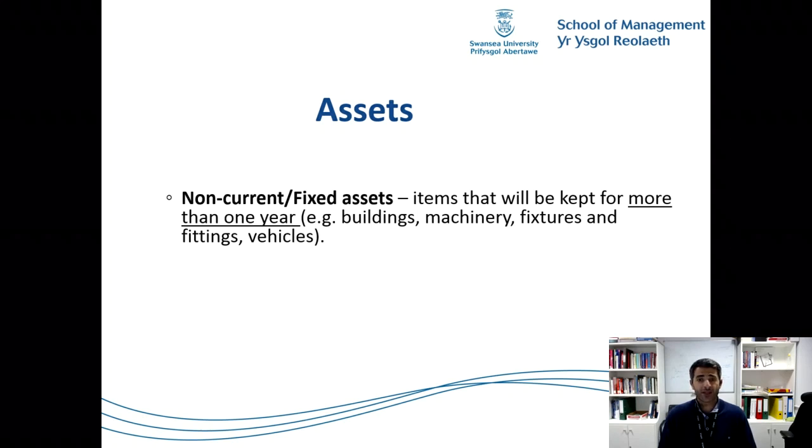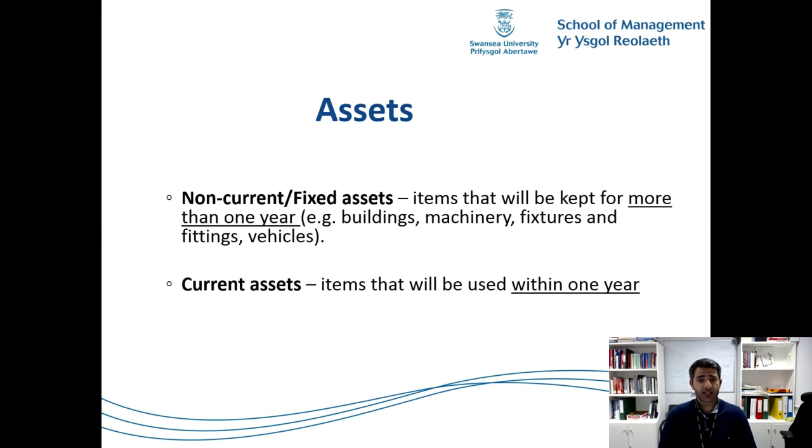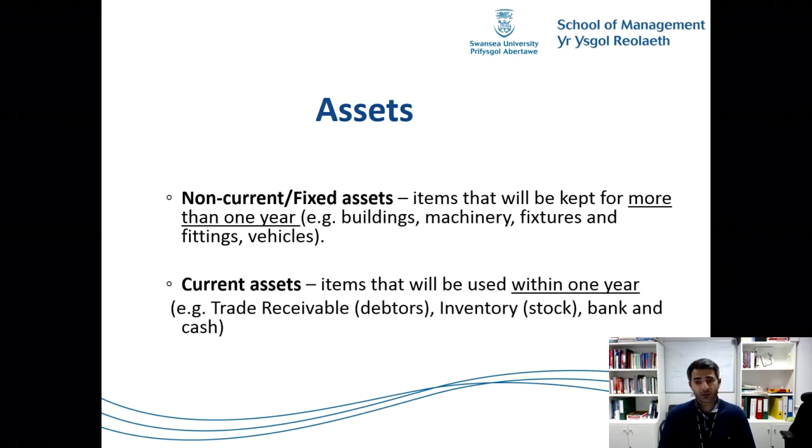Also, we have the current assets, and we did say that items will be used within 1 year. Examples would be the inventory, which is stock, receivables, debtors, and also bank and cash.